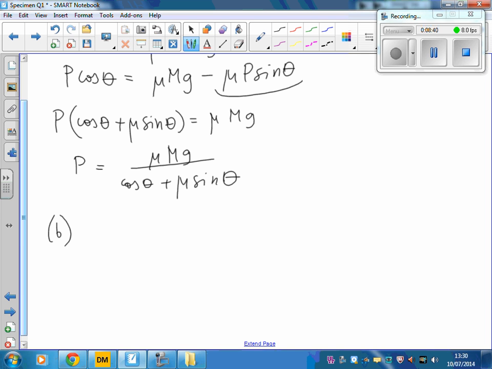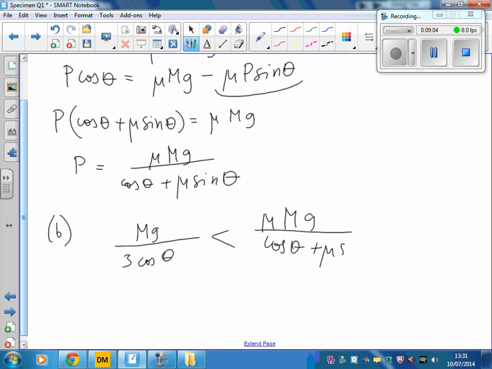It means that the force which is required for the block to topple, mg over 3 cos theta, is lower in its magnitude than the force required for the block to slide, mu mg over cos theta plus mu sine theta. So that's the inequality to start with.